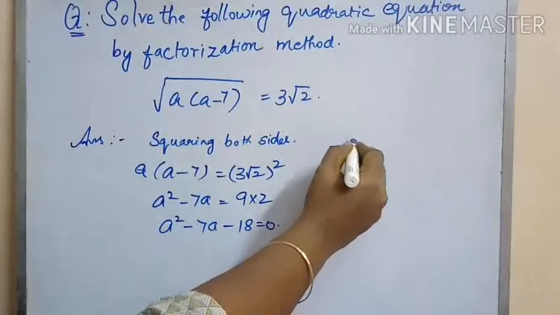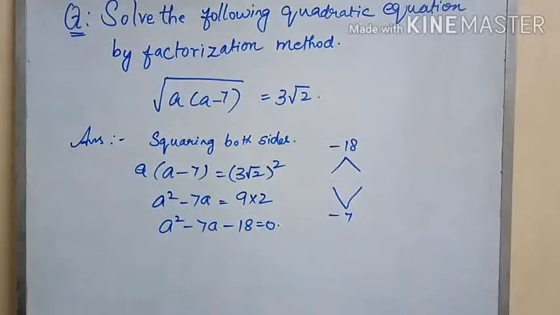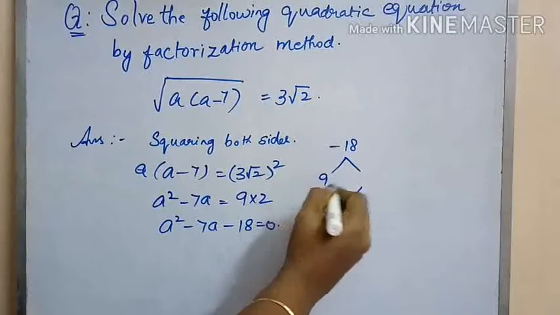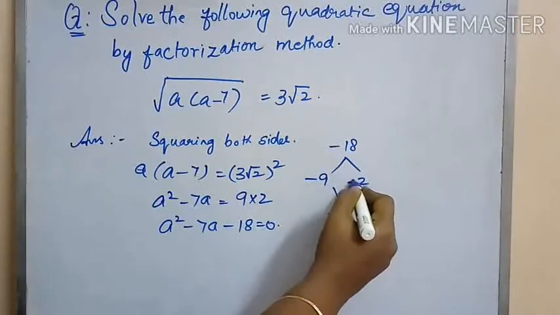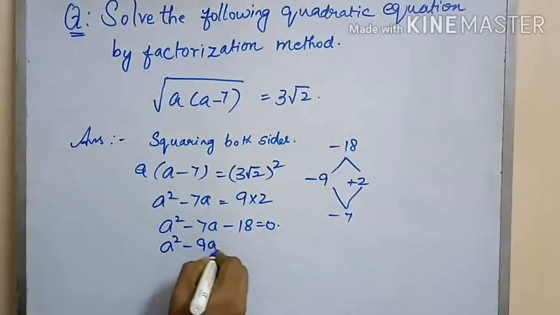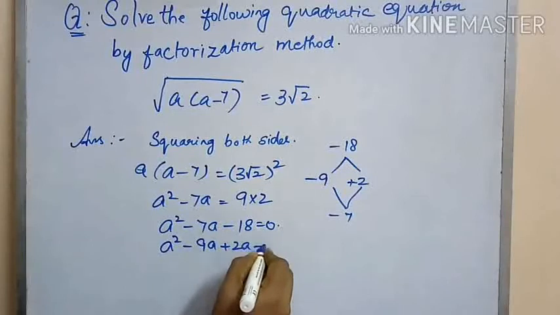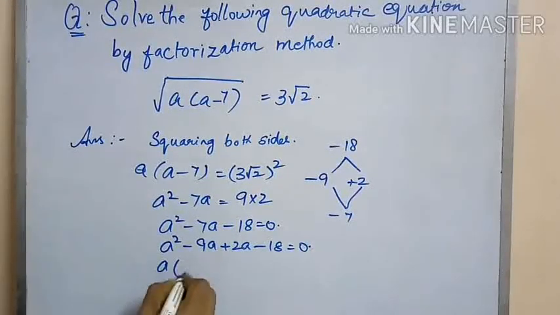Here we have to choose two numbers such that the product is minus 18 and your sum is minus 7. Hope you can guess it. Yes, 9 and 2. Specifically, it should be minus 9 and plus 2. So a squared minus 9a plus 2a minus 18 is equal to 0.